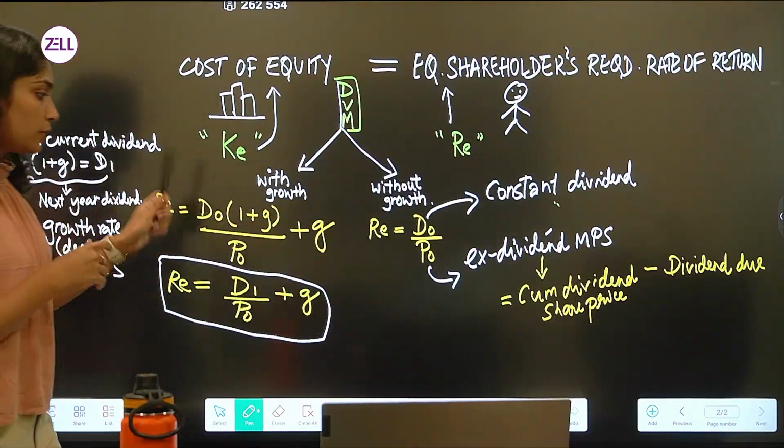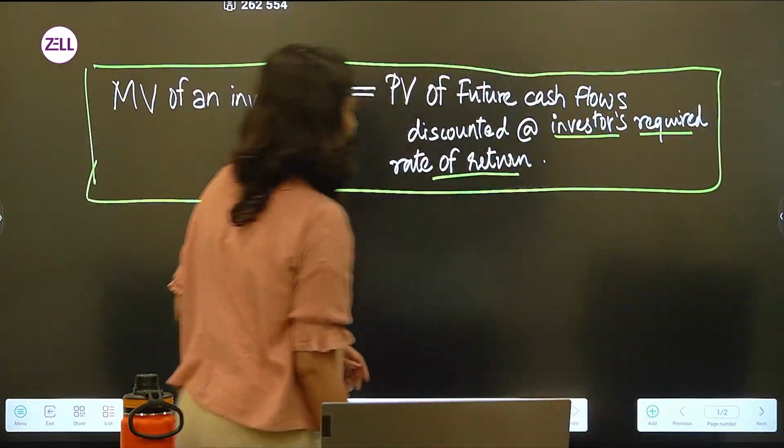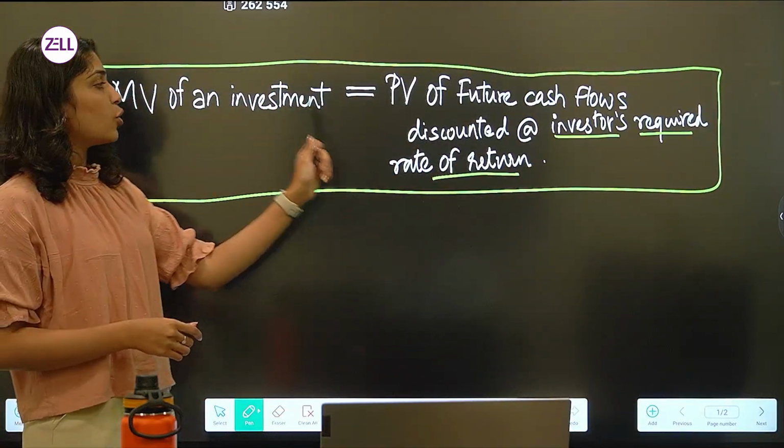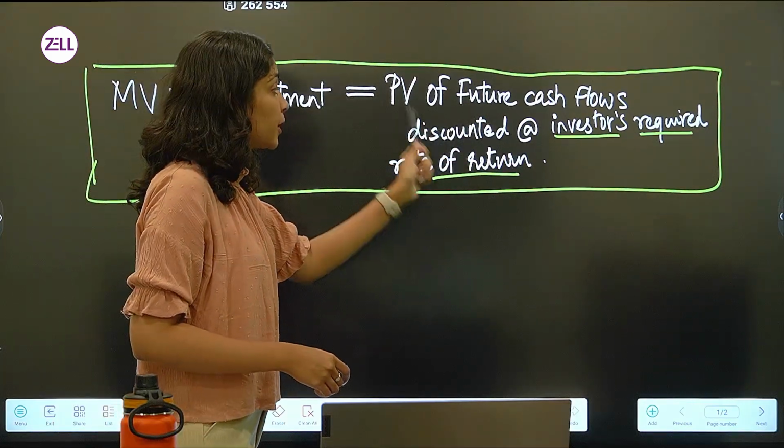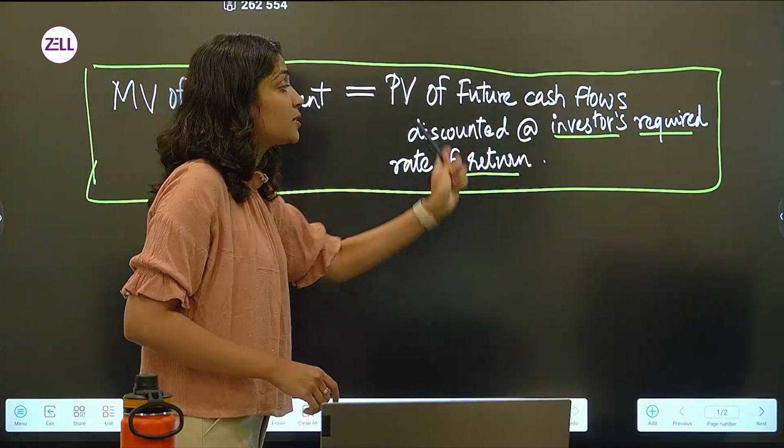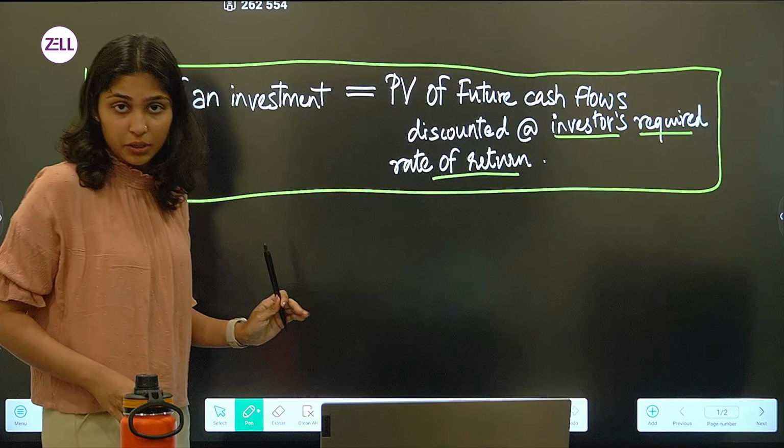You remember this thing that we saw here? Market value of an investment is equal to present value of future cash flows discounted at investors' required rate of return, right?